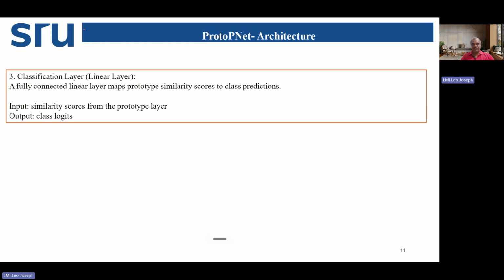That is the second stage. The third stage is the fully connected layer, where we estimate the similarity scores for class prediction. The final output will be the logits.